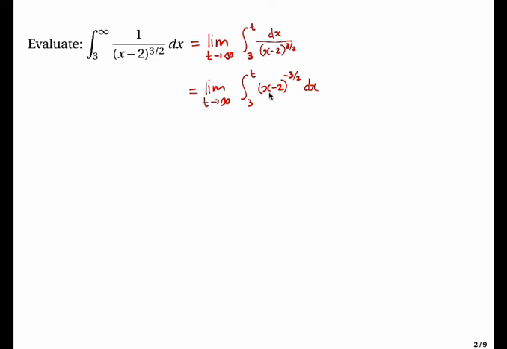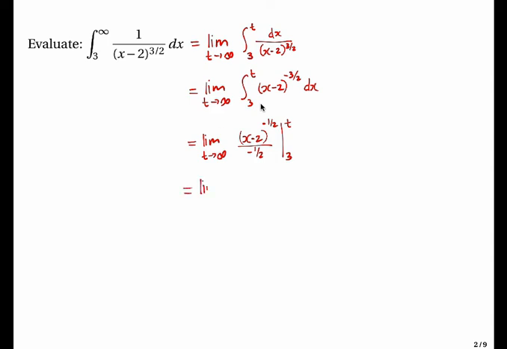We will skip that u substitution, and therefore we just write the limit as t approaches plus infinity of x minus 2 raised to negative 1 half divided by negative 1 half, evaluated from 3 up to t.